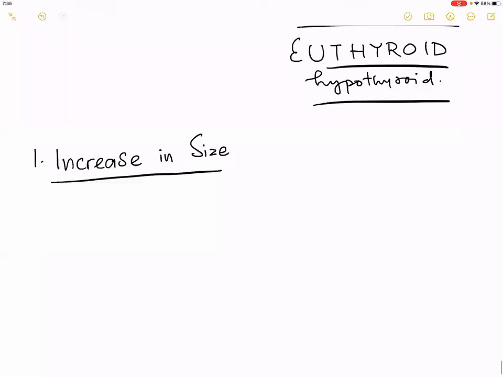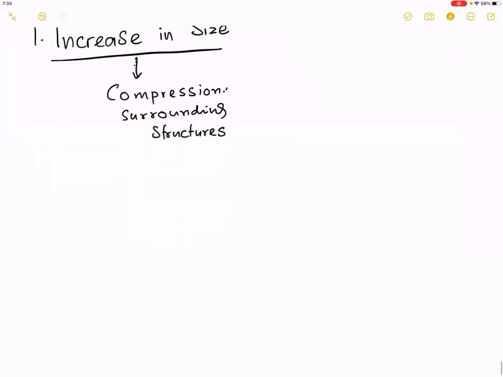And when it increases in size, the increase is going to produce a compression of the surrounding structures. Now, what are the surrounding structures and what happens when they get compressed?